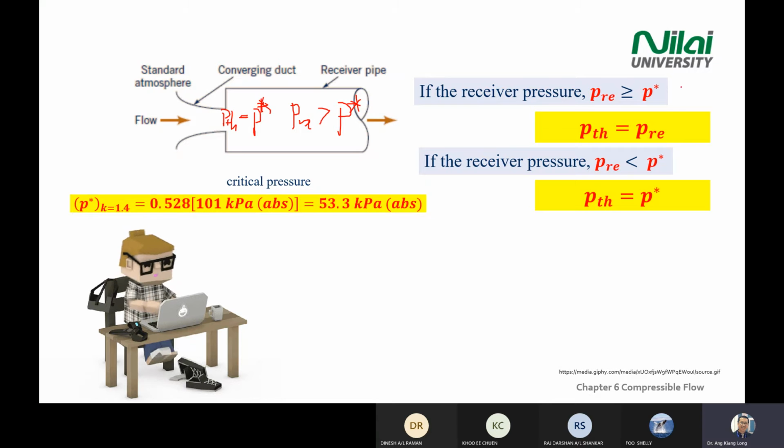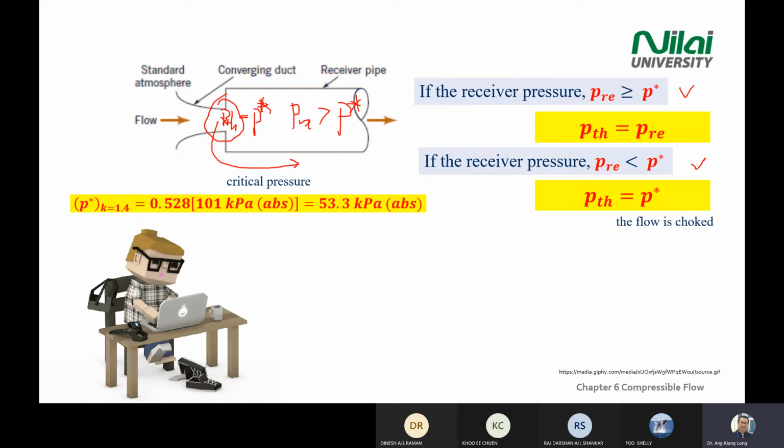Okay, so there are two scenarios. One is internal pressure more than the critical pressure. The other is internal pressure inside this receiver less than the critical pressure. Then you can estimate the pressure at the throat.